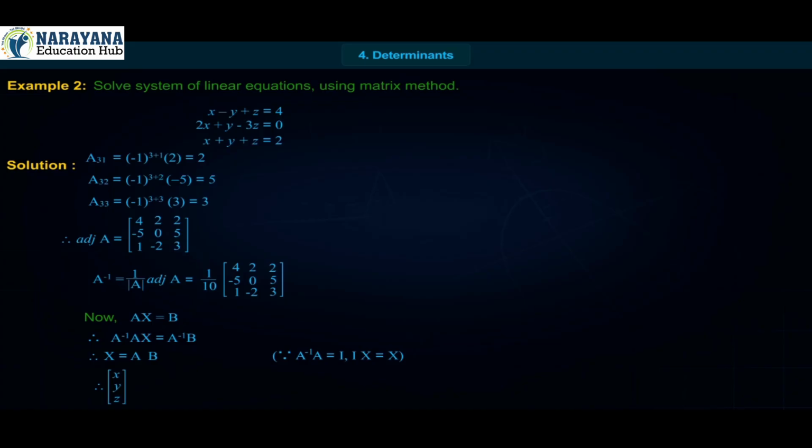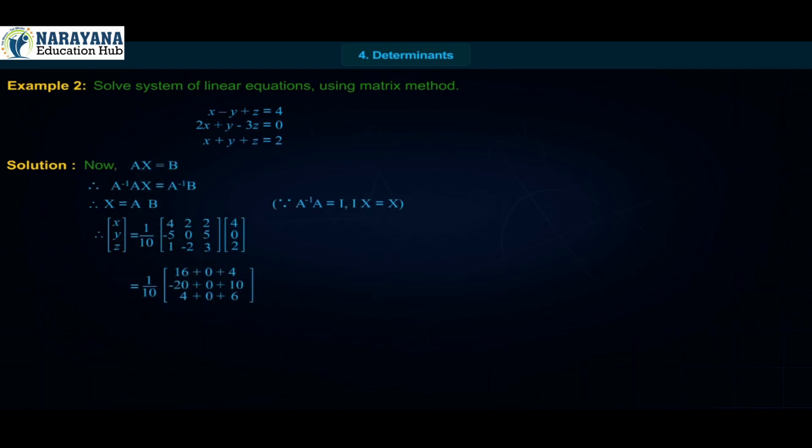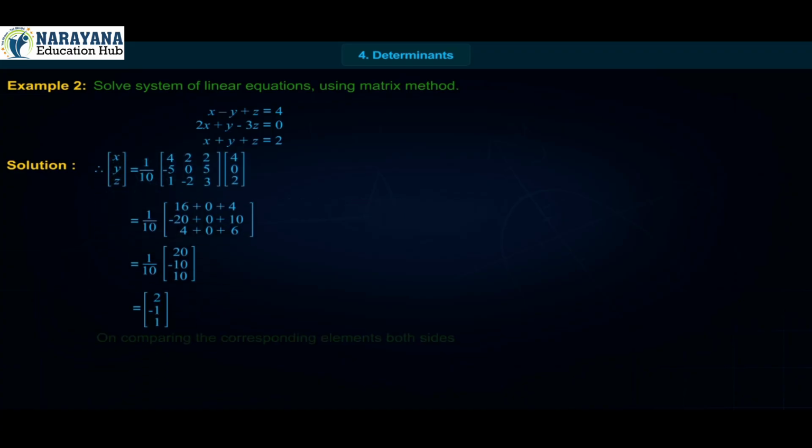Therefore, matrix X, Y, Z is equal to 1 upon 10 into matrix [4 2 2; -5 0 5; 1 -2 3] into matrix [4 0 2], which is equal to 1 upon 10 into matrix [16 plus 0 plus 4; -20 plus 0 plus 10; 4 plus 0 plus 6], which is equal to 1 upon 10 into matrix [20; -10; 10], equal to matrix [2; -1; 1].